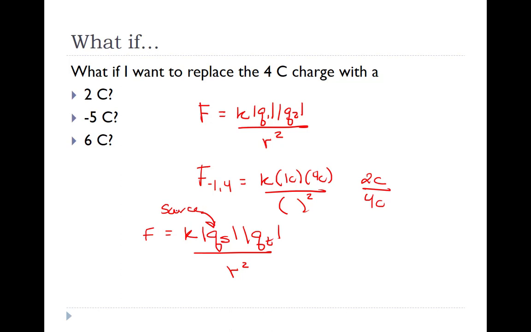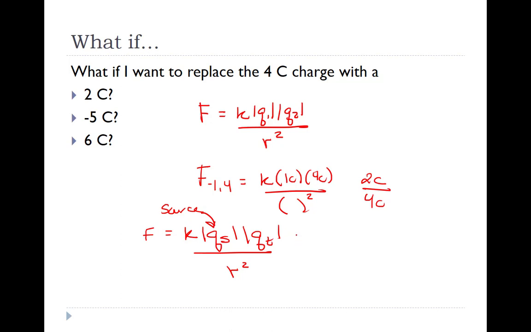It's going to be the thing that stays the same. So if I look at the F negative 1,4 above, the source charge would be the 1 Coulomb. The other one would be Q_T, the test charge. That would be the 4 Coulomb in the one above, or it could be the 2 Coulomb, or it could be the 6 Coulomb.